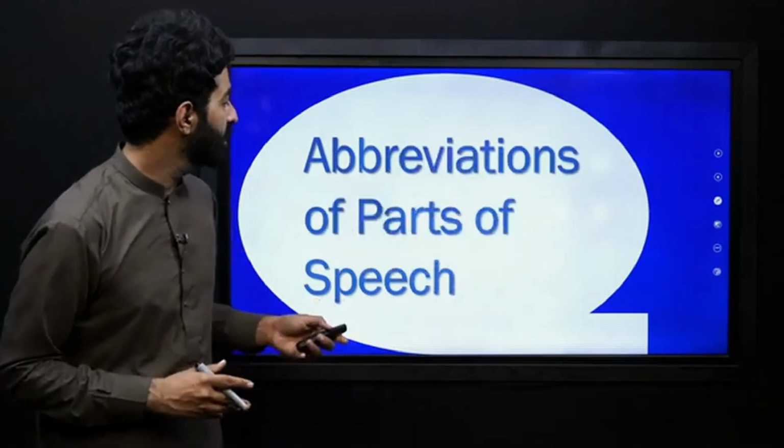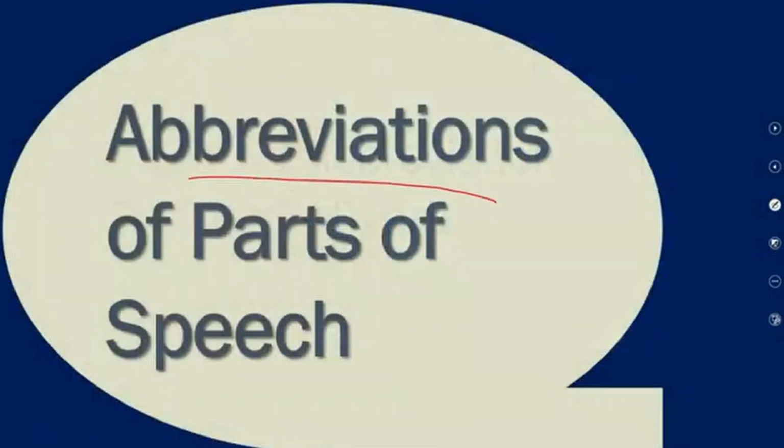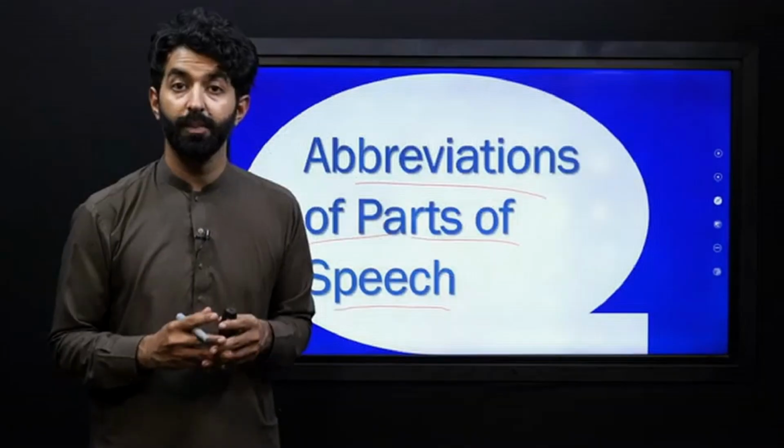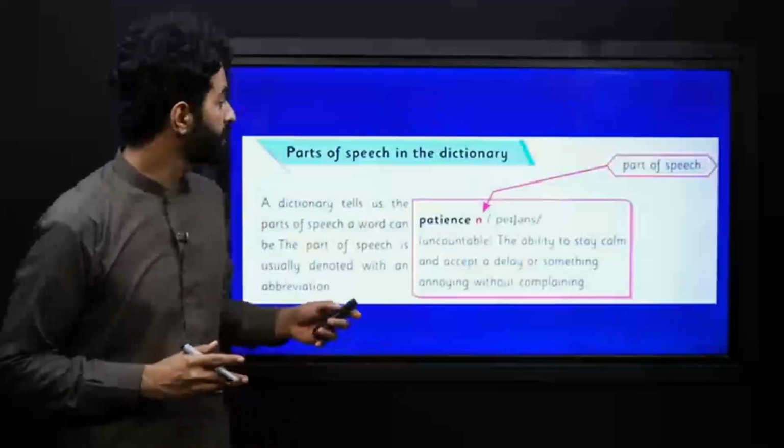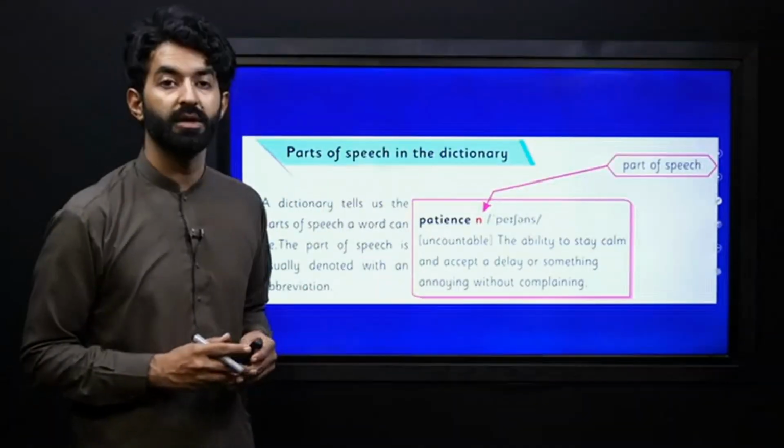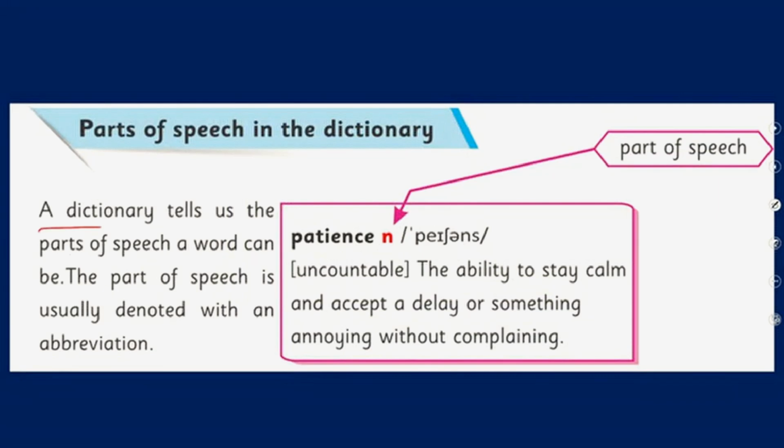My dear learners, abbreviations of parts of speech is our topic for today's video. So parts of speech in the dictionary, let's look it up. A dictionary tells us the parts of speech a word can be. The part of speech is usually denoted with an abbreviation.